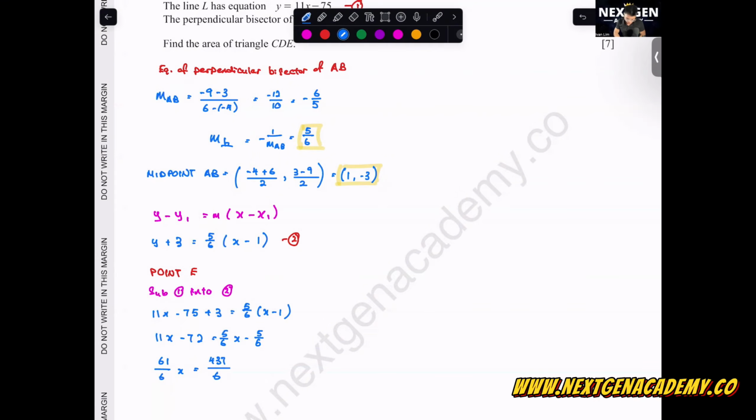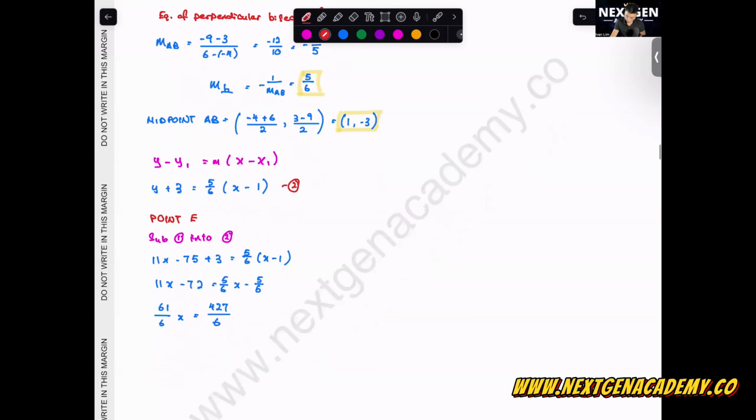Minus 5 over 6 plus 72 is 427 over 6. This one is 11 minus 5 over 6. Okay, is this correct? My value should be 427. Sorry. Okay, so here the 6 and 6 cancel. X will be 427 over 61. Okay, X will be equal to 7.